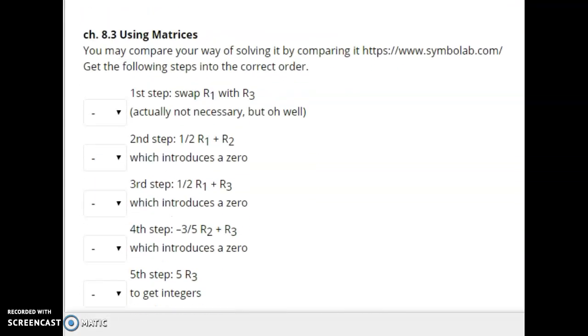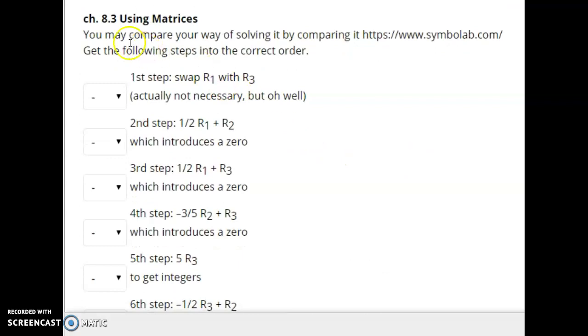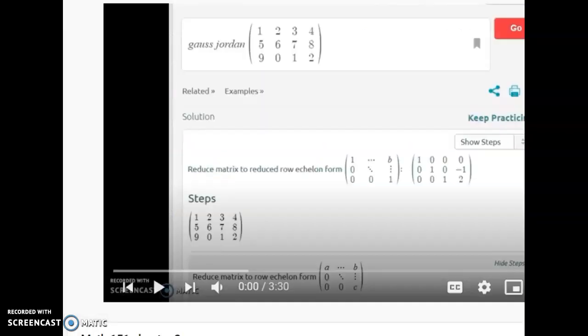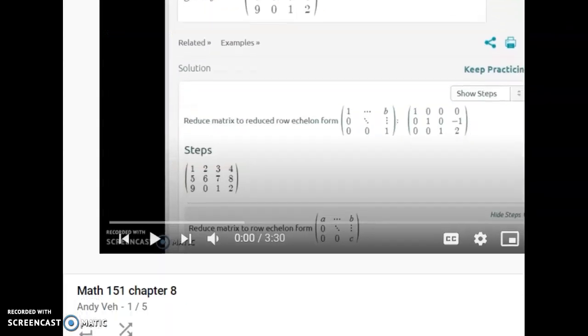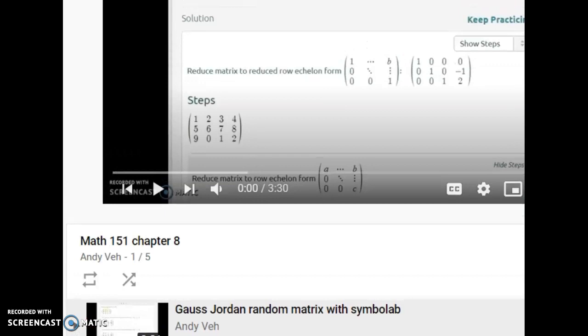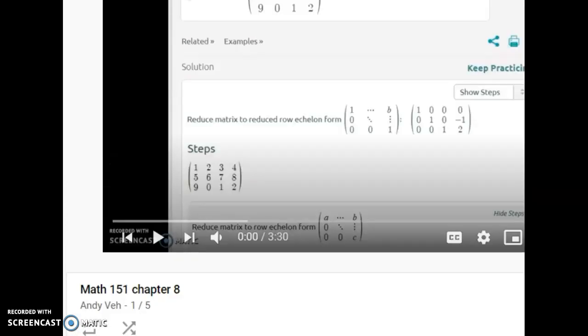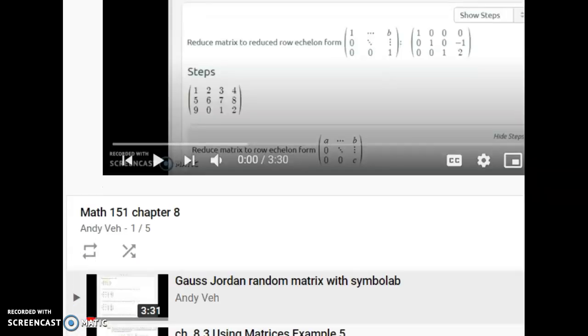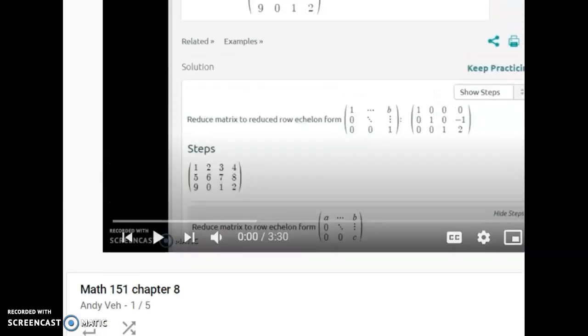So I just checked my own recording, and again, it's actually already in the correct order. And the one that I'm using is this one here that I called, let's see, here's the title of it. Gauss-Jordan random matrix with SymbolLab.